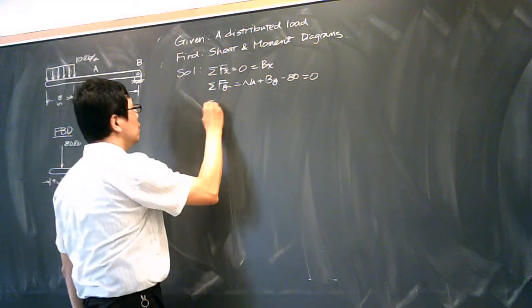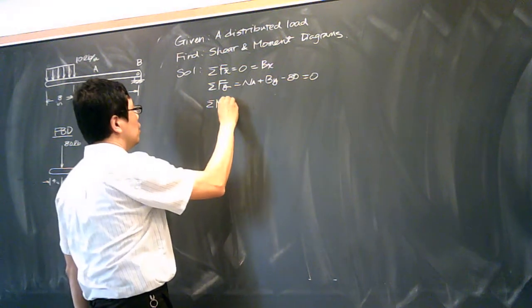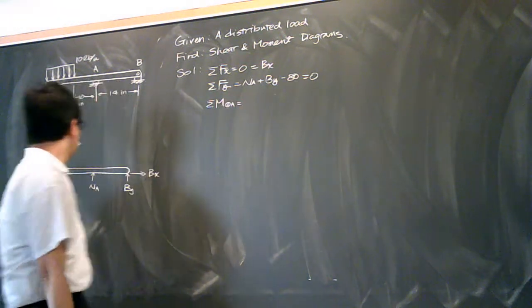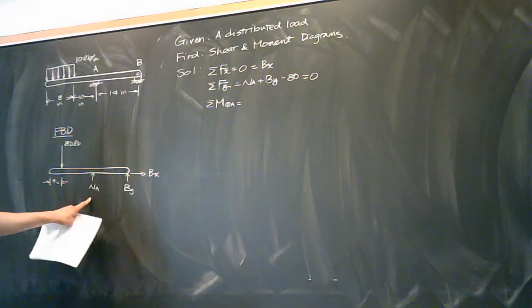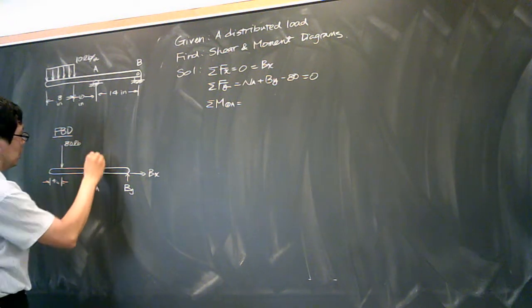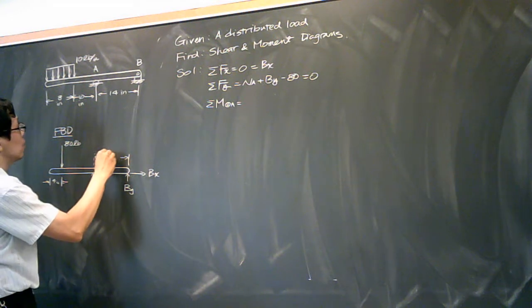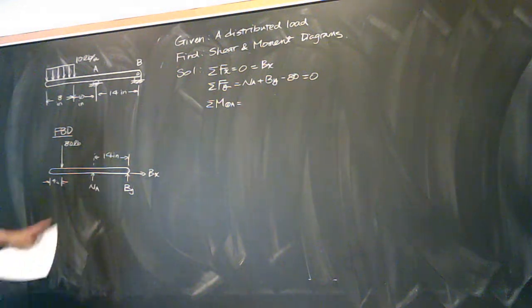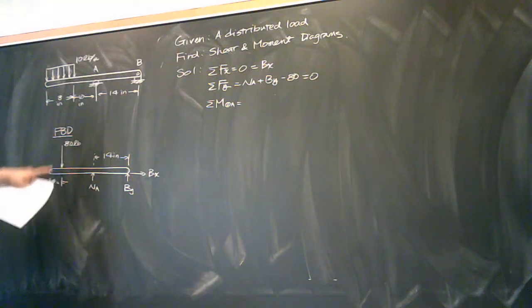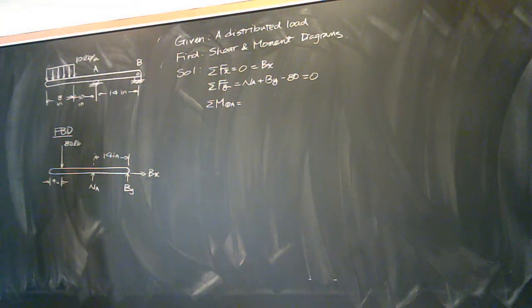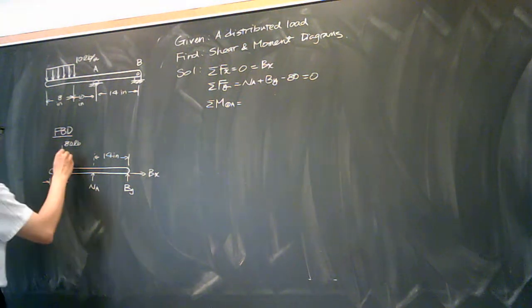And if I take A as my reference point, the distance between A and B is 14 inches. What is the distance between the 80 pounds and NA? 14 as well.